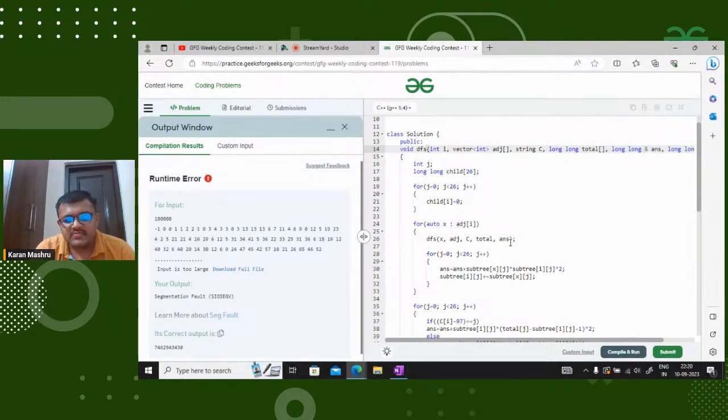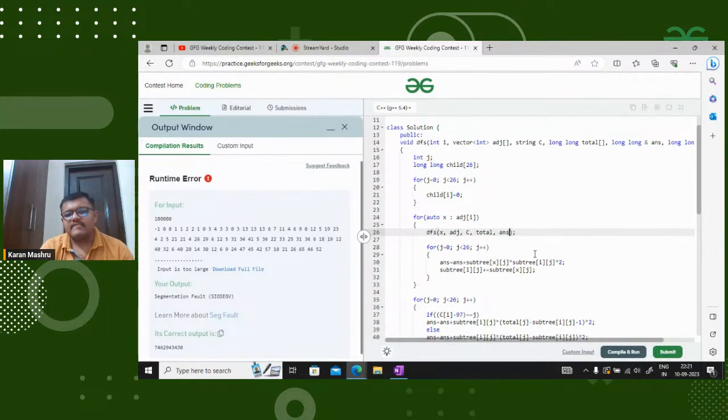So here what I'll do is, in the child node, any ideas what we can do here?